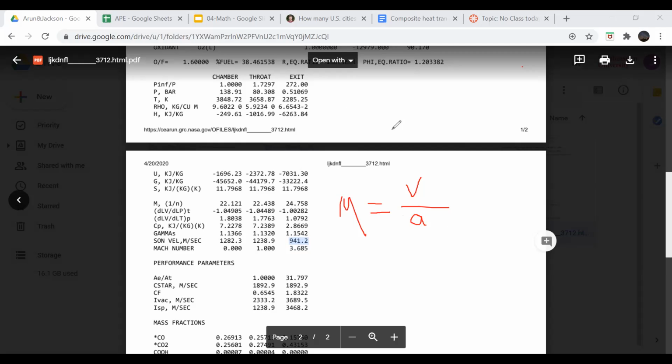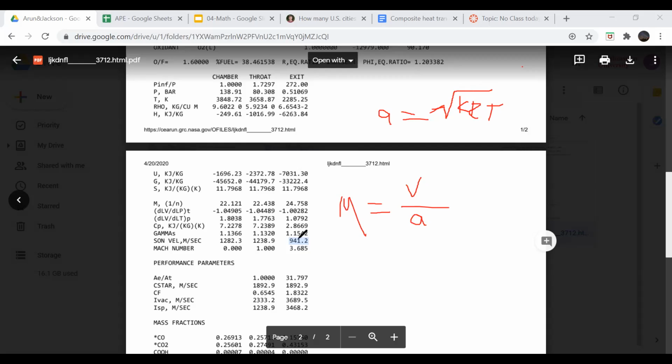You don't need to know this per se, but just as a reference, acoustic velocity equals a very badly drawn square root of KRT. K is just a property of the gas. R is the specific gas constant, and T is temperature. So this is a function of temperature.